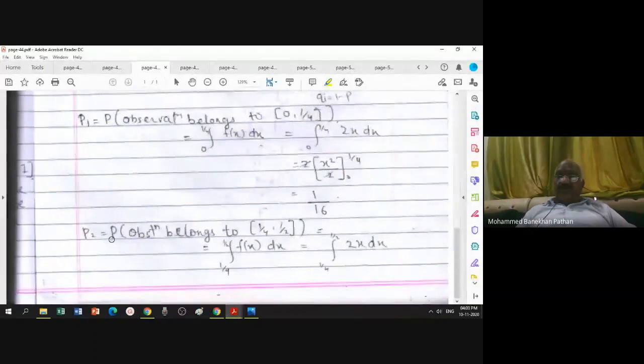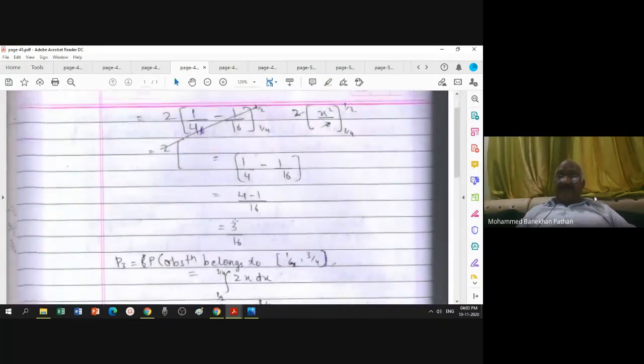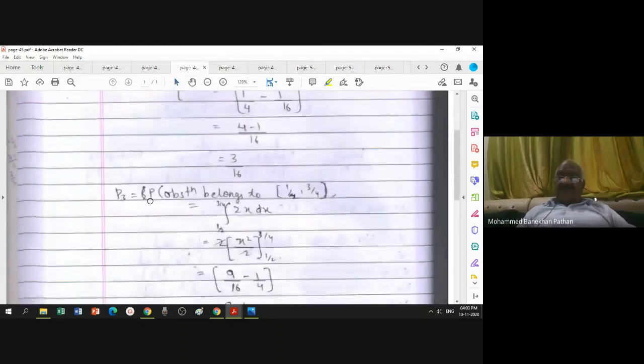P2 is the probability that an observation belongs to the second interval. So the calculation is 1 by 4 to half f(x) dx. Put the function given in the question, 2x, and solve the integration. You will get the corresponding probability 3 by 16. Very easy, not difficult. P3, the third probability, has interval half to 3 by 4.